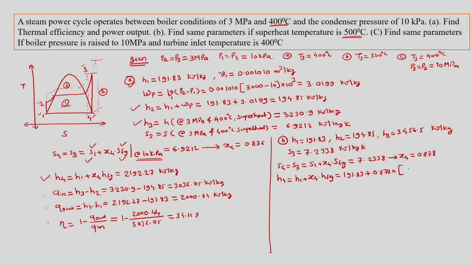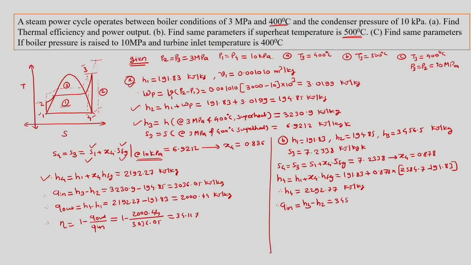In case it is not given, we can make it HG minus HF. So it is 2584.7 minus 191.83, and this gives us H4 equal to 2292.77 kilojoule per kg.